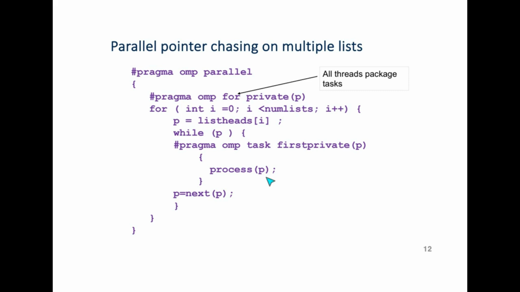So we've got two levels of parallelism here. We've got parallelism over the lists, and we've got parallelism over the items within each list. And if we have this kind of nested parallelism where both levels have irregularity and load imbalance, then that's very difficult to handle without tasks in OpenMP.